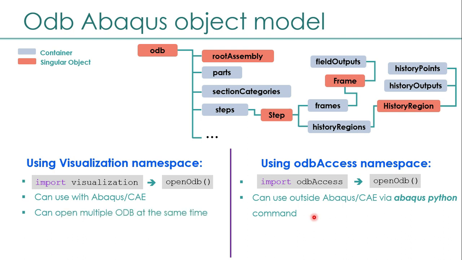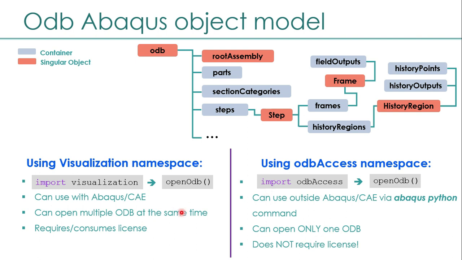Another difference is that with the visualization module, if you are using Abaqus CAE, you can open multiple output database files at the same time. But here we have some limitation. In the last lecture we also said that there are some limitations regarding the Abaqus Python command, and this is one of them. Here you can open only one ODB at a time. This difference we already saw.